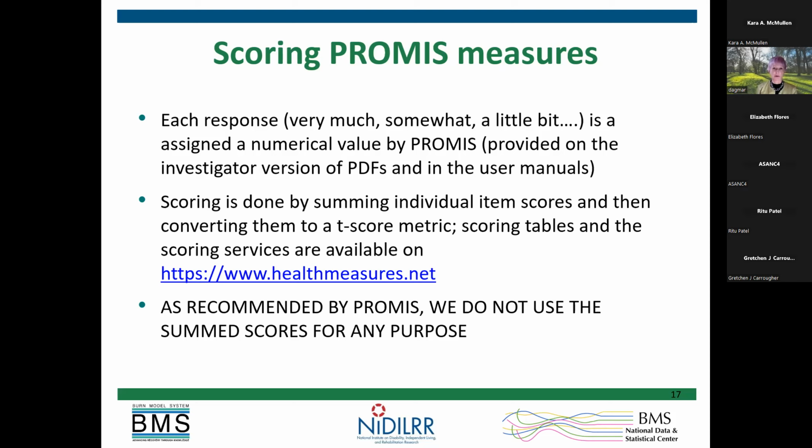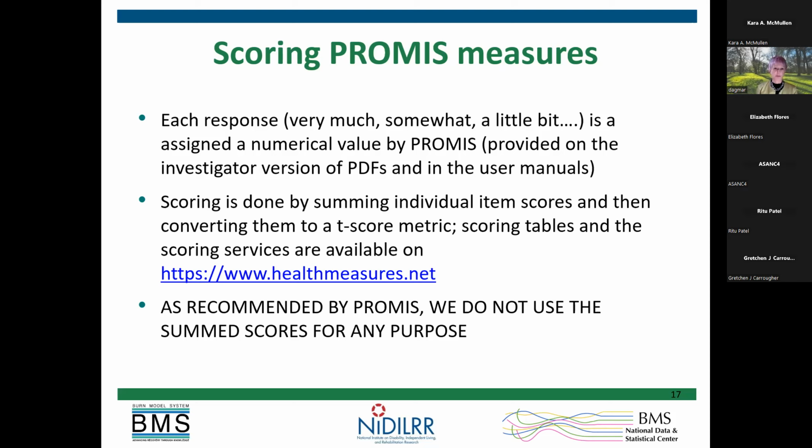We score by summing these item scores, and then we convert these item scores to a T-score metric by using scoring tables that are provided by PROMIS, or you can use the online scoring service, which is free.